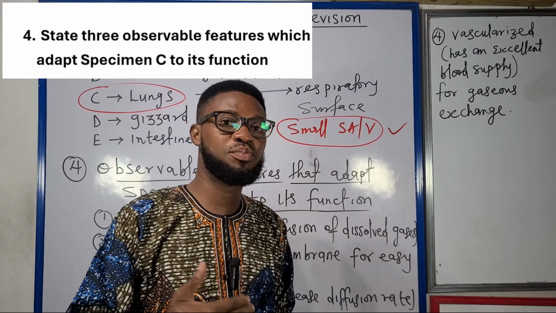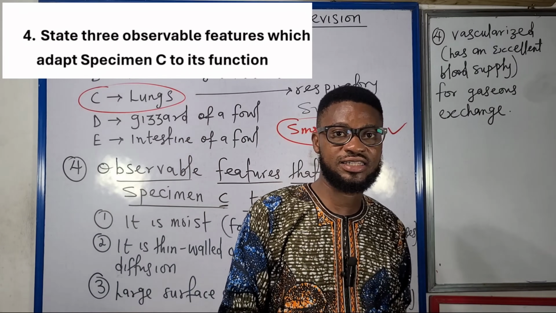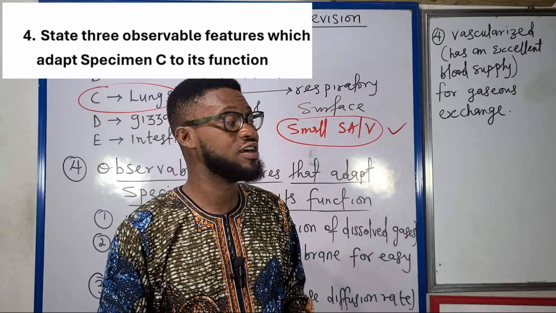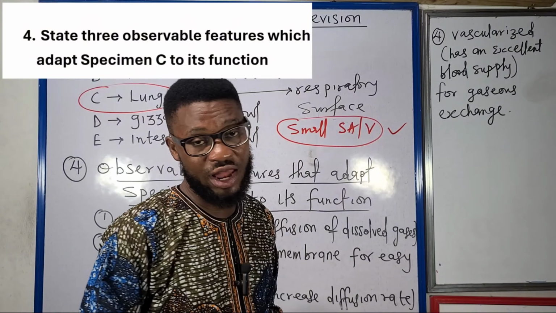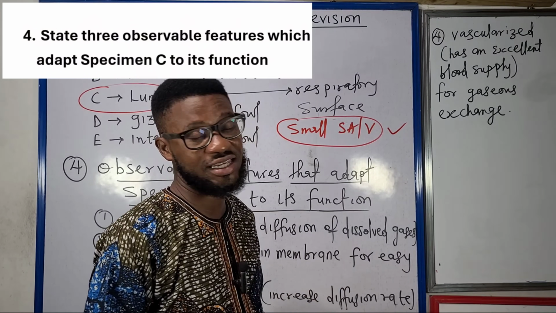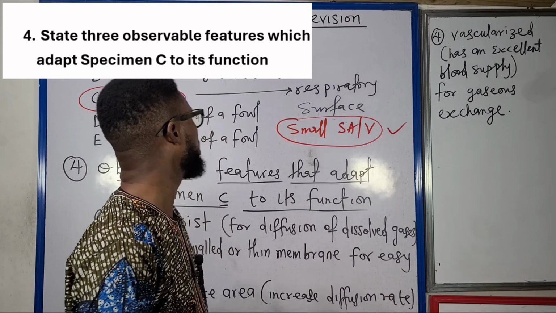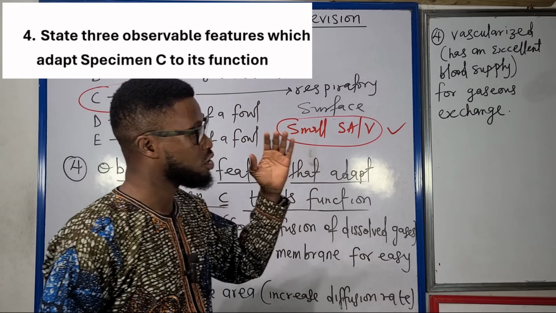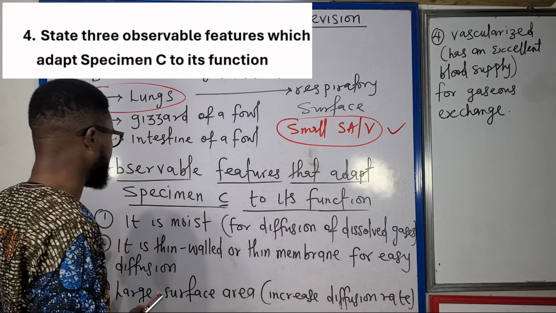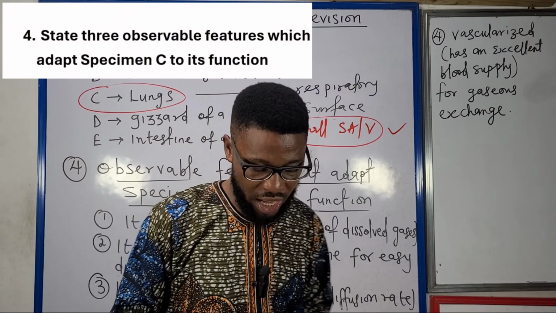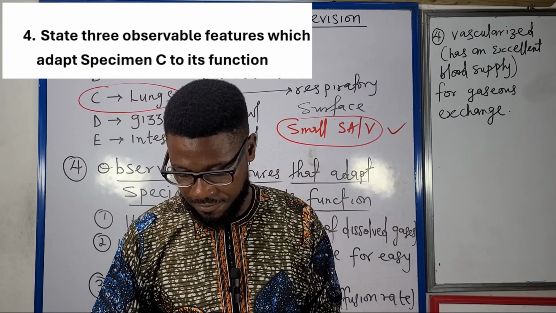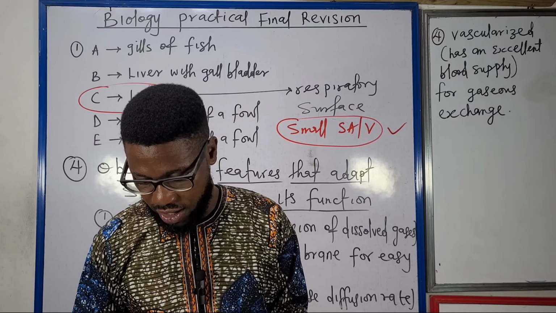It has an excellent blood supply, so that oxygen that gets to the lungs finds it easy to dissolve in the blood, and of course that way oxygen gets into the blood circulation. So respiratory surfaces always have an excellent blood supply. We were told to list 3, so I've listed 4. So then you have to do the needful once you see the question on the day of your exam.